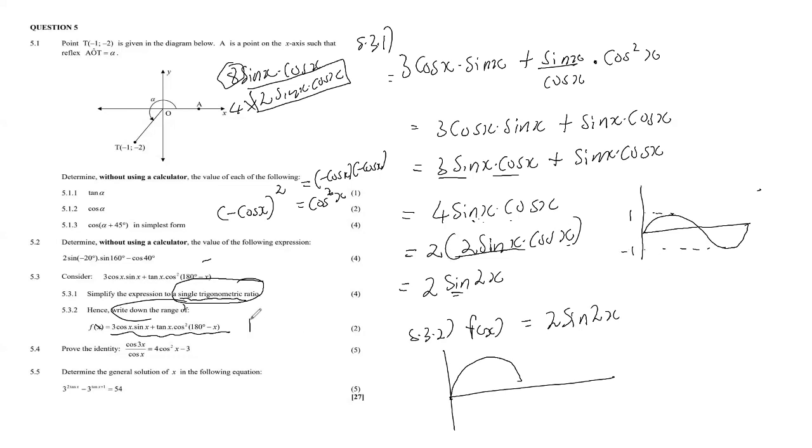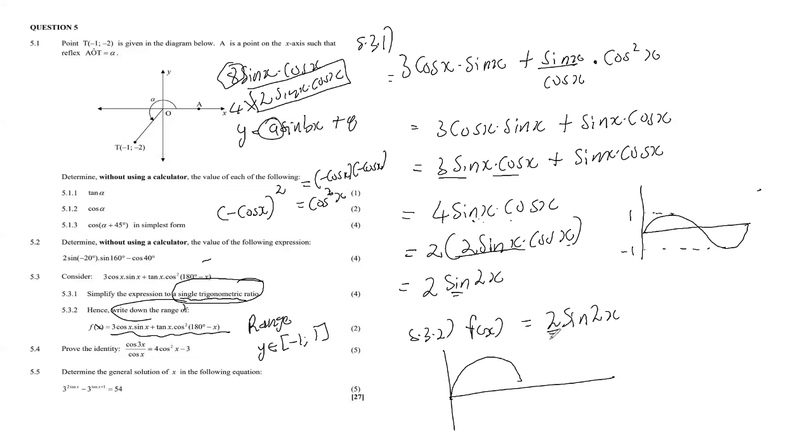So the range for the original graph of sine is y is an element of -1 to +1. But if you check this one here, you can see that now we have the 2 here as our a value. According to this, the a value always talks of our amplitude.